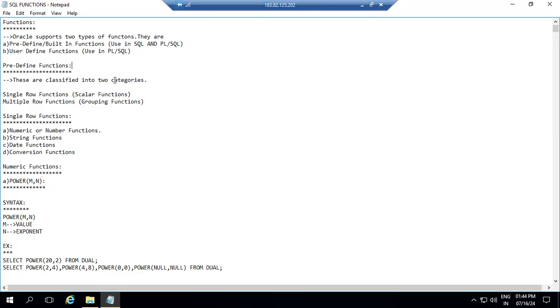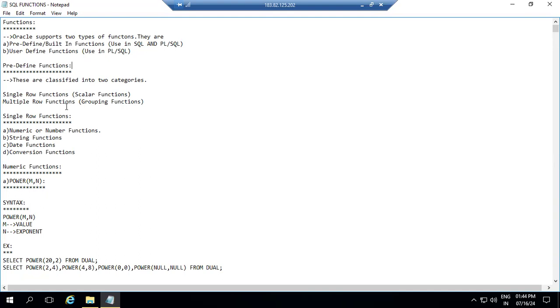One is predefined or built-in functions, which are used in SQL and PL/SQL. The other is user-defined functions, which are used only in PL/SQL. Now we'll discuss only built-in functions. We'll discuss user-defined functions in PL/SQL.